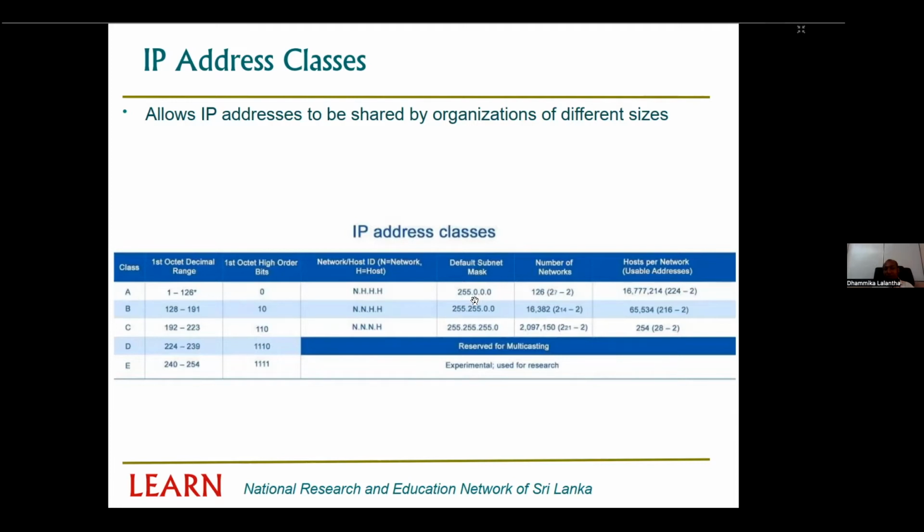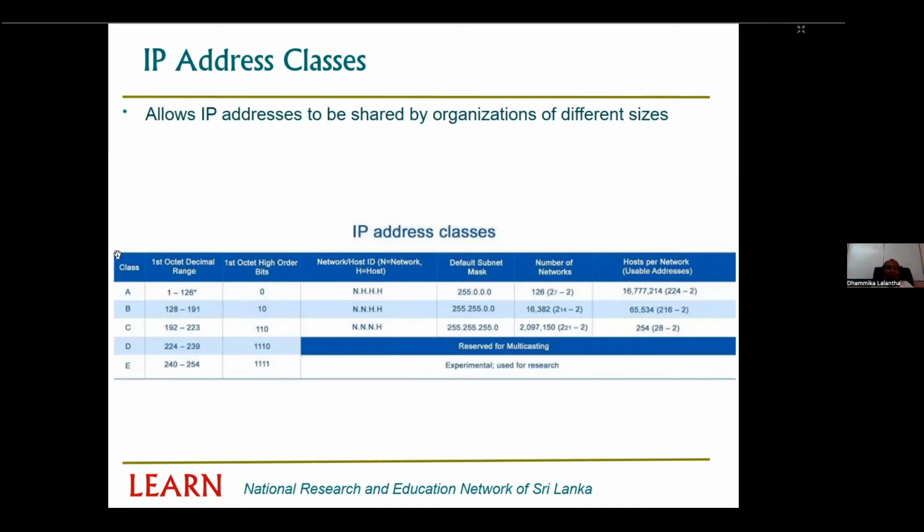Class A has a smaller number of networks, 1 to 126, but since it has a larger host part, a 24-bit host field, a class A network can have about 16 million hosts. So it's a very huge number.